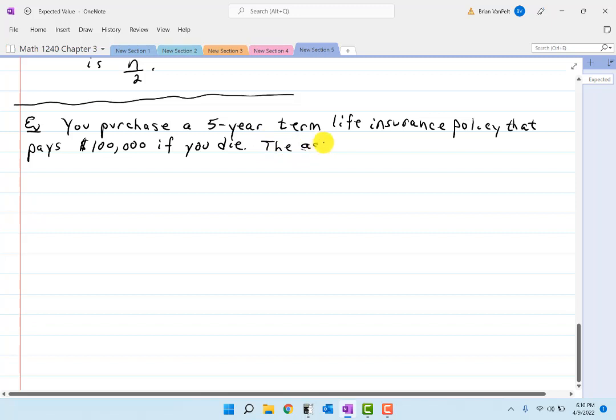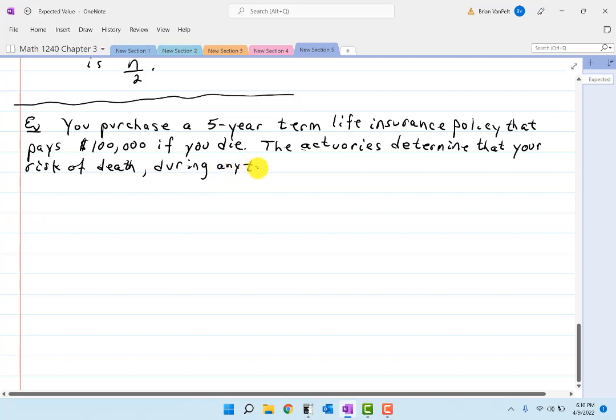The actuaries determine that your risk of death during any time in those 5 years is 0.000003.